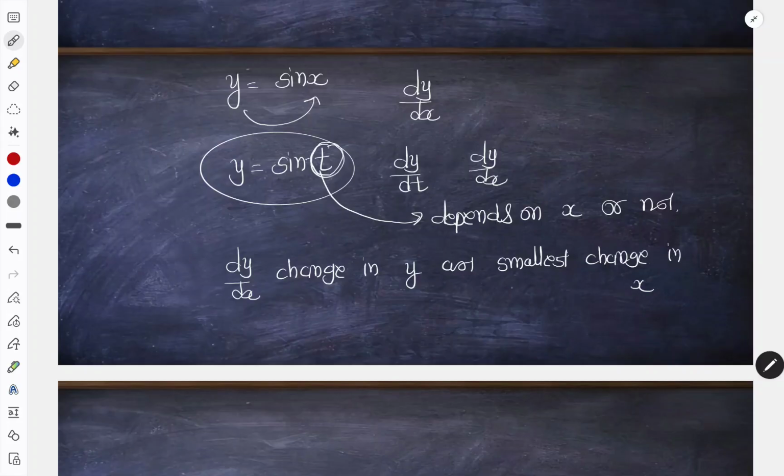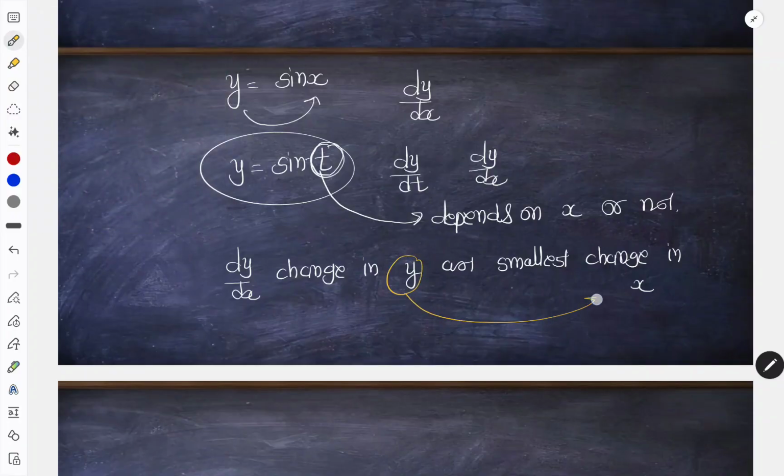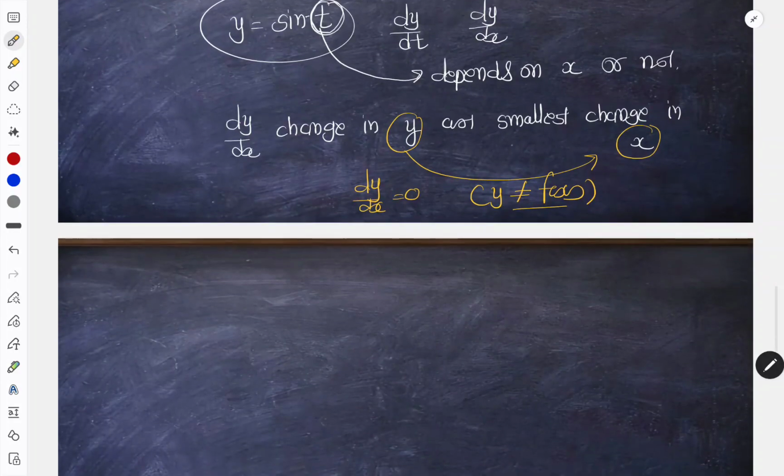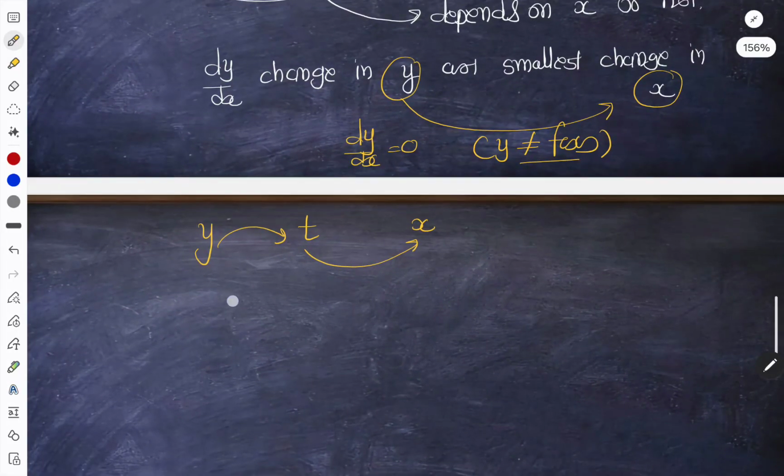So if y does not depend on x, then it will be zero. That is usually zero if y does not depend on x, right? So in that case we will try to see if y is depending on t, and whether t depends on x or not.